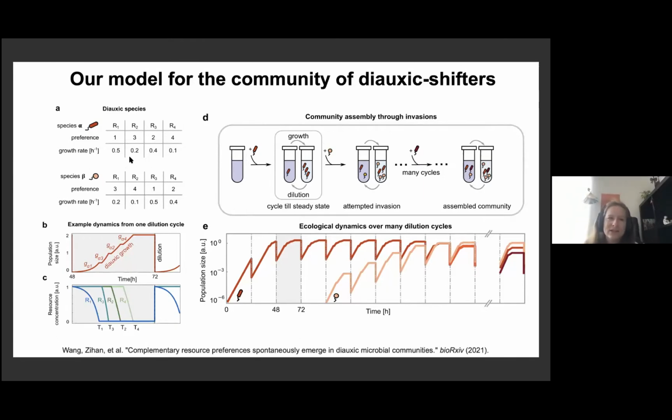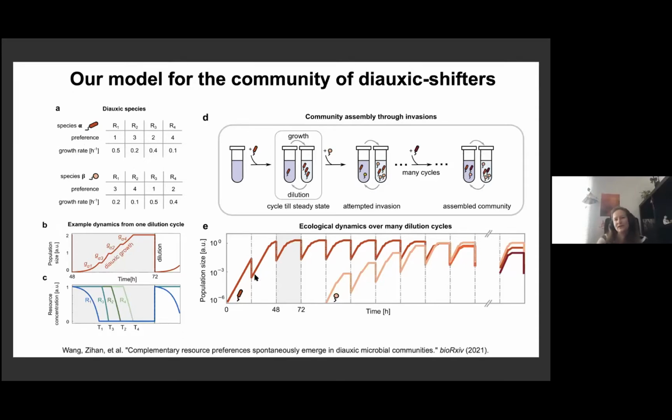And it has two main parameters. One is that you have to specify this preference order of resources for each microbe, and we allow them to be different. And another is that you can have different growth rates on different resources, and sometimes they can be correlated with those preferences, but sometimes they can be varying, and we also know that it happens in nature.